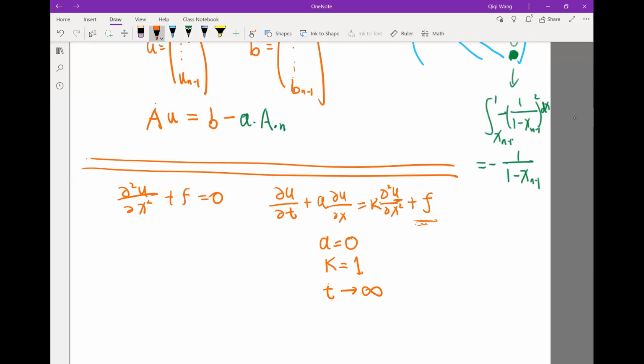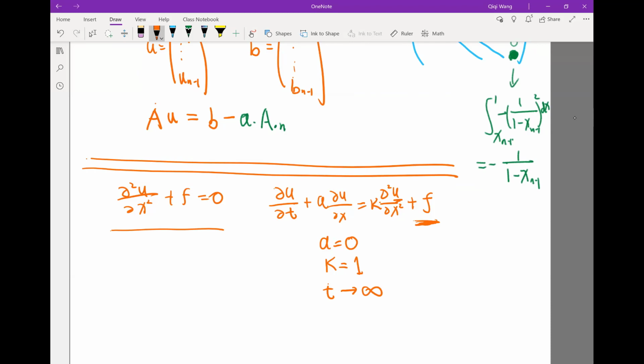So really, this equation is the limiting case of an advection diffusion equation with an additional source term. The particular case with no advection is a good model for the diffusion of heat in a solid body.